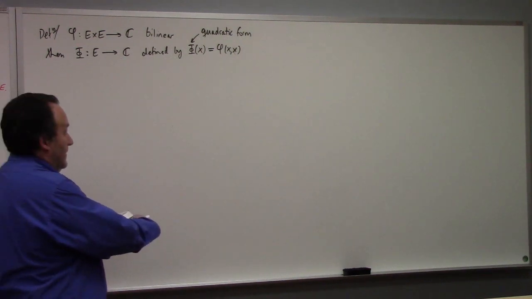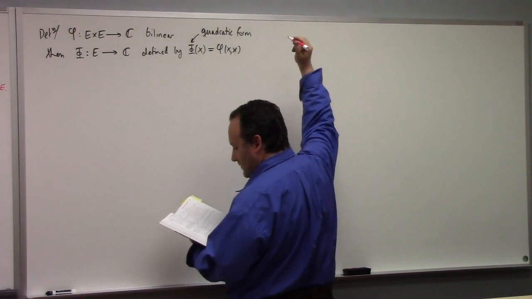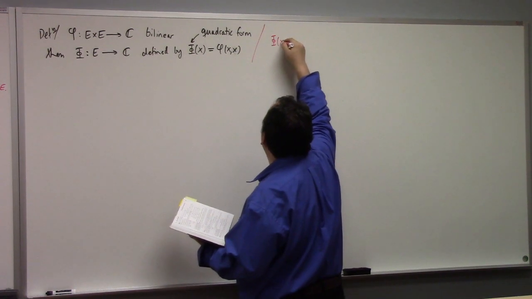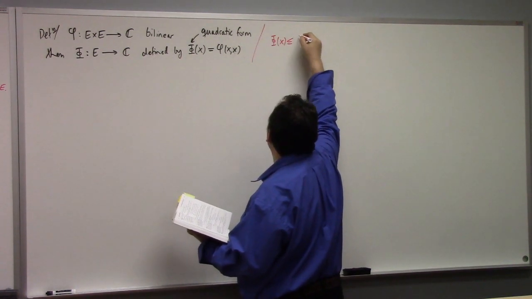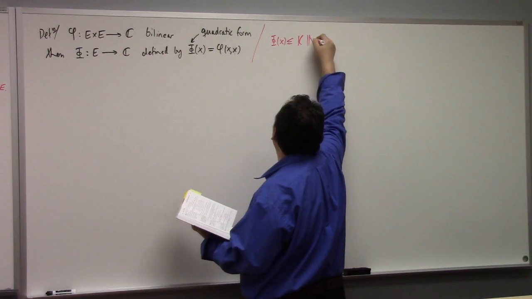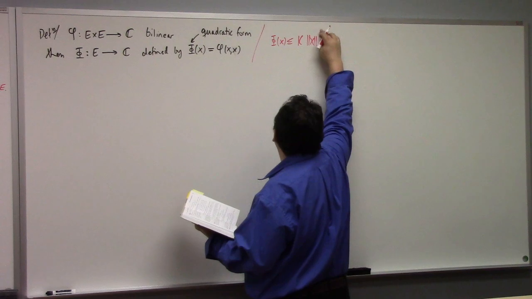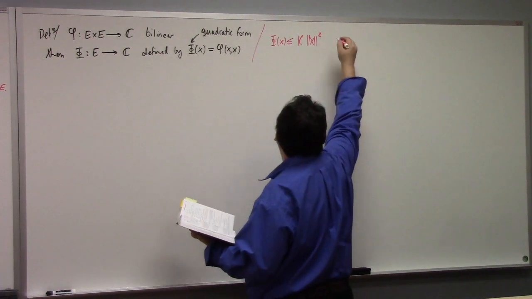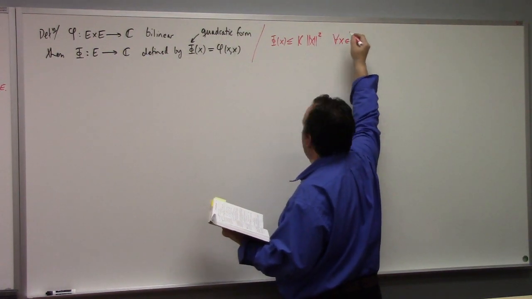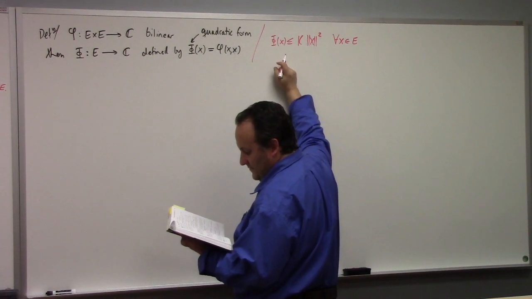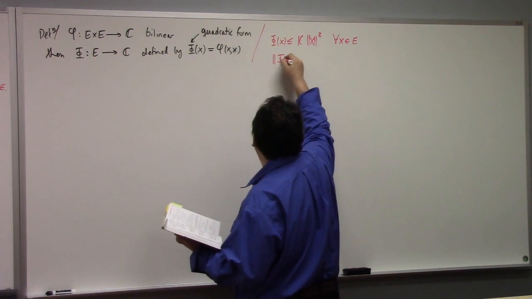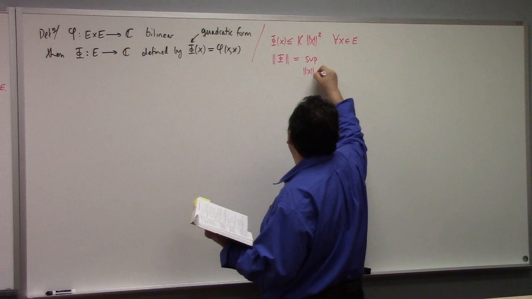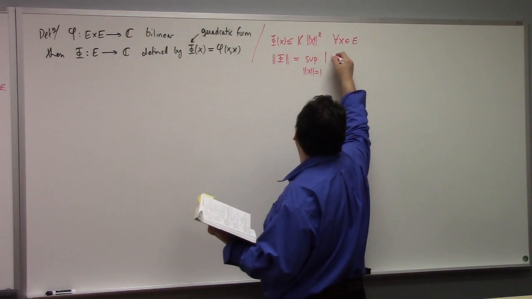Well, he says it's bounded if you have big phi of x less than or equal to a constant k times the norm of x squared for all x in E. And he says that the norm of a bounded quadratic form is defined by, I think you probably could guess what this is going to be: the supremum over the norm of x equals 1 of the absolute value of big phi of x.